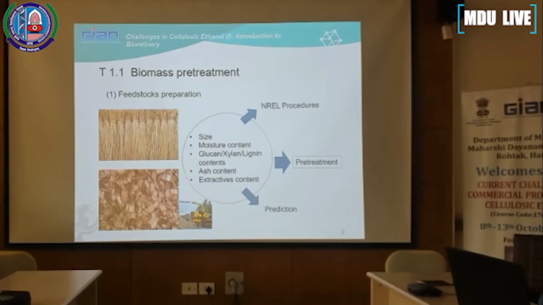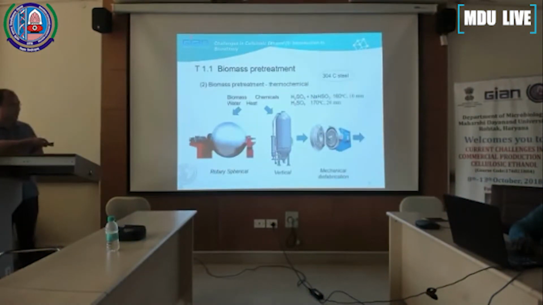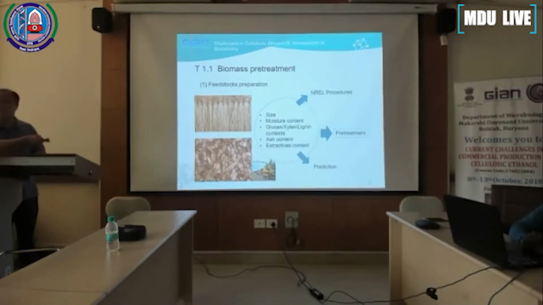Before we do the pretreatment, we have to take into consideration what your machine, what your instrument is. Usually we use a machine like this. It's a rotary spheric digester. And this one is a vertical digester. They are totally different. If we choose this one, rice straw is fine.